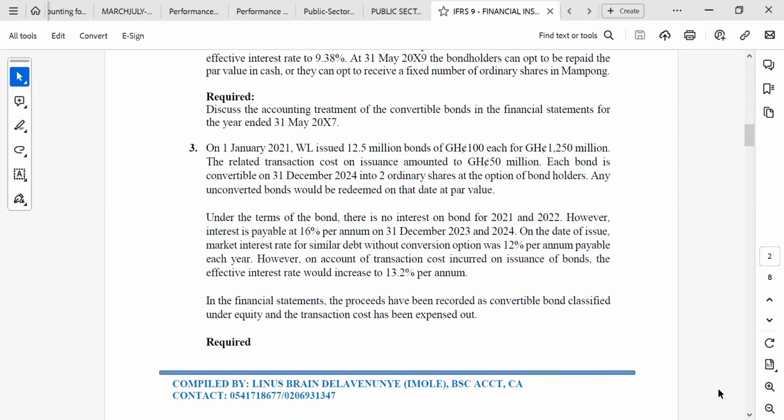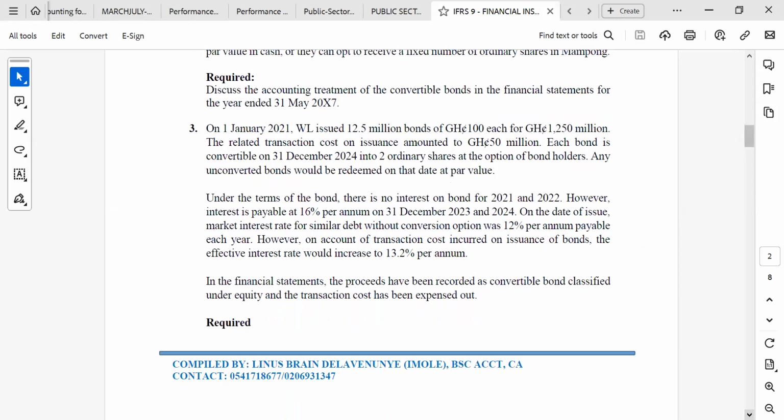On 1st January 2021, WL issued 12.5 million bonds of 100 Ghana cedis each for 1,250 million. The related transaction costs on issuance amounted to 50 million. Each bond is convertible on 31st December 2024 into 2 ordinary shares at the option of bondholders.